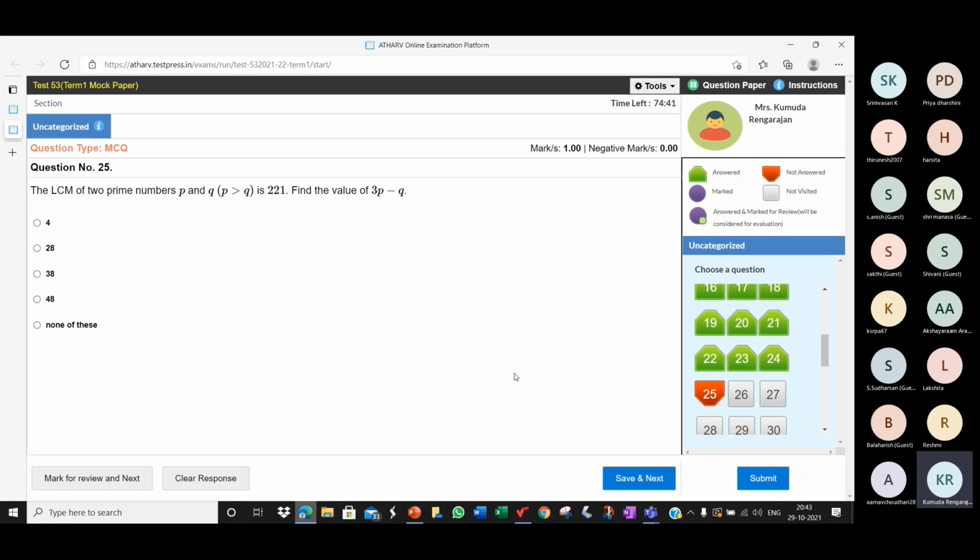So the product of two prime numbers is 221. Do that prime factorization method and tell me the two hidden prime numbers in 221. 221 is the product of which two prime numbers?